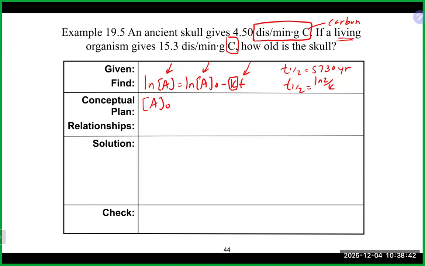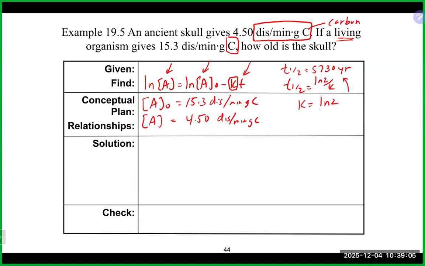That's usually how it goes. So that's our 15.3 disintegrations per minute per gram of carbon. And the not-so-ancient final is 4.5 disintegrations per minute per gram of carbon. We're going to use our half-life equation just like previously to get to our k.